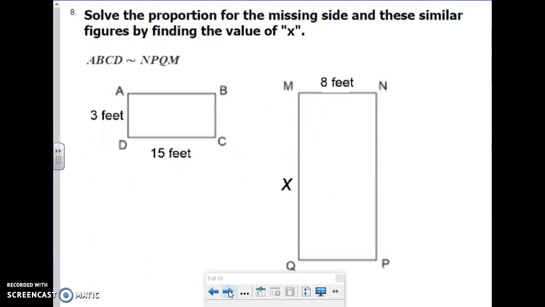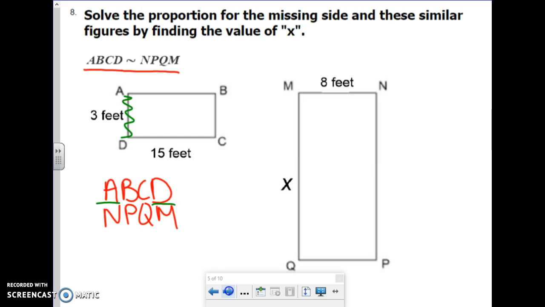Question number 4. The first thing you do is you're going to write your similarity statements. Here we have ABCD is similar to NPQM, so I'm going to write that down. Then I see that A to D matches with N to M, and my other one is DC.